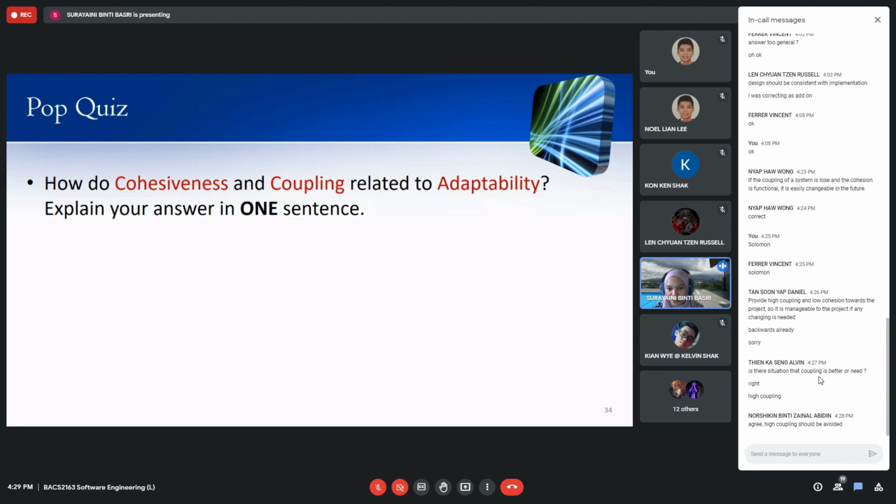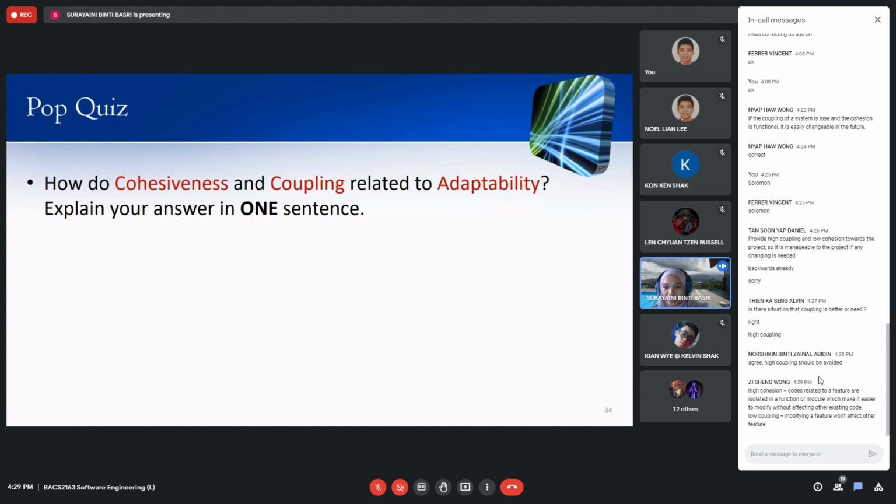Okay, so we don't have an answer from Solomon, but it's okay because we have Solomon's written answer already. High cohesion meaning codes related to a feature are isolated in a function or module which makes it easier to modify without affecting other existing code.